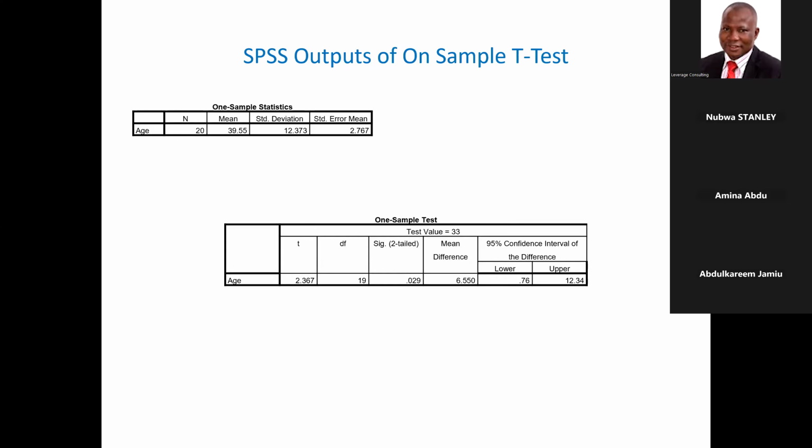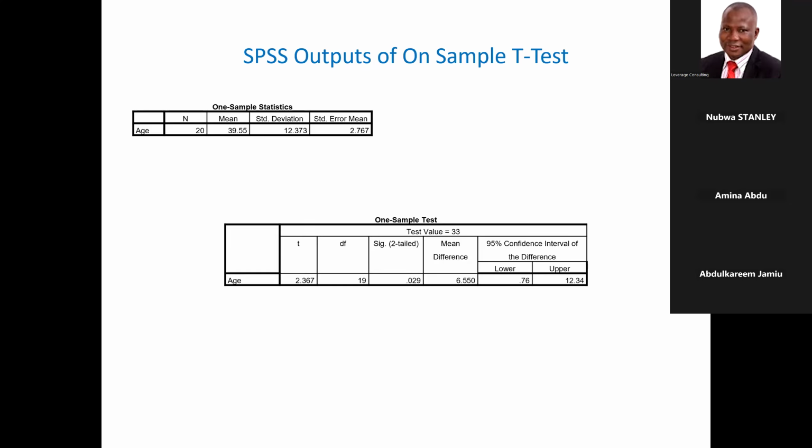And how will you know, even without the P value, whether the difference is significant? You see, the confidence interval must not include 0. We know that if the two means are the same, the mean difference will be 0.